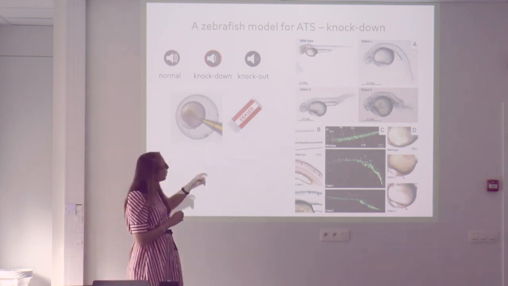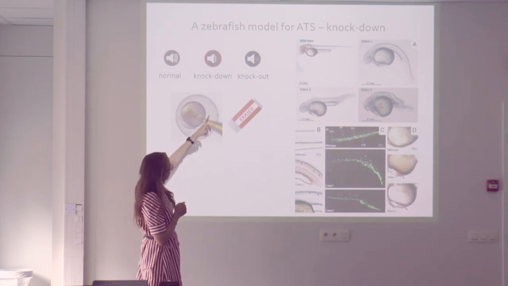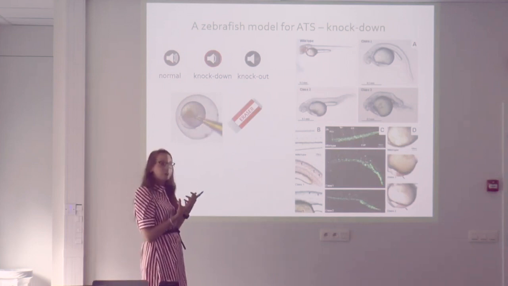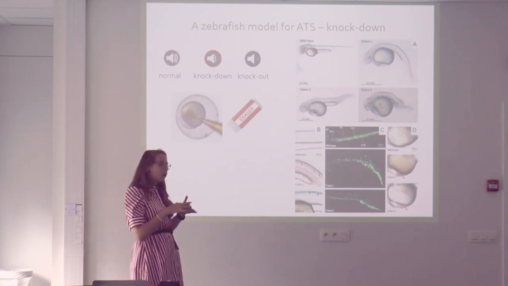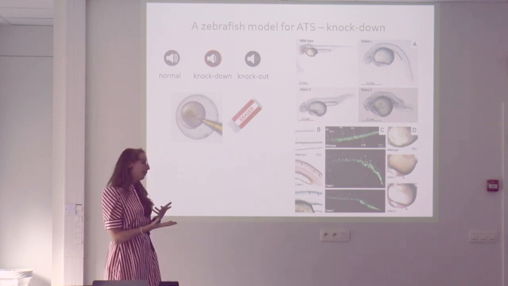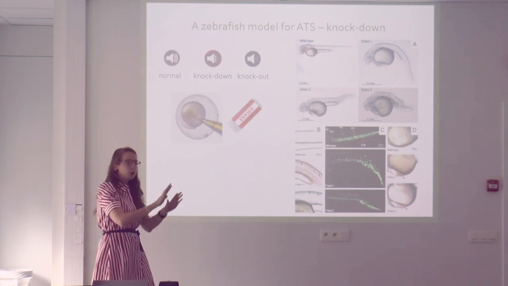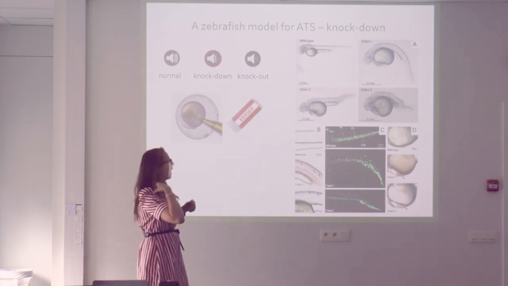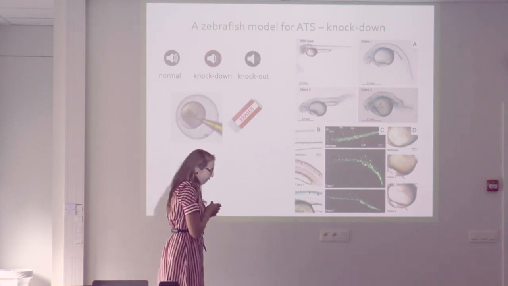And then after 1 or 2 days, you can appreciate, like in the left top, you see a wild type. So that's what we call a normal developed fish, so without any treatment. And then all the fish injected with a molecule that made the gene go knockdown. You can see they have a lot of deformities in the cardiovascular tissue.